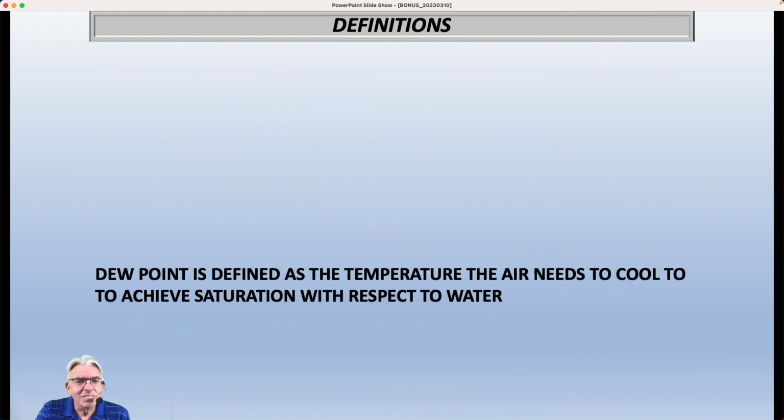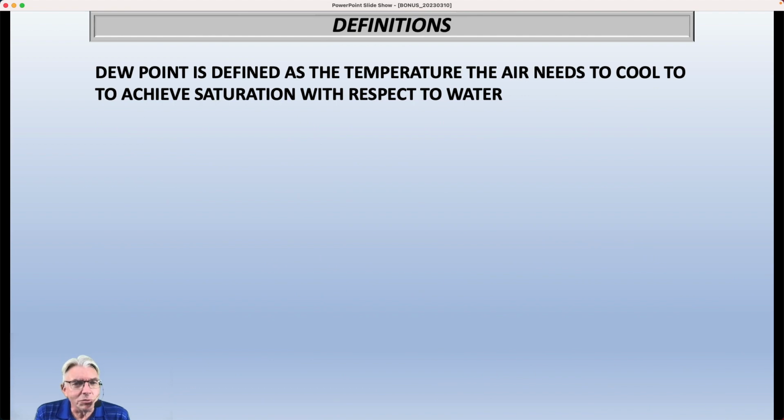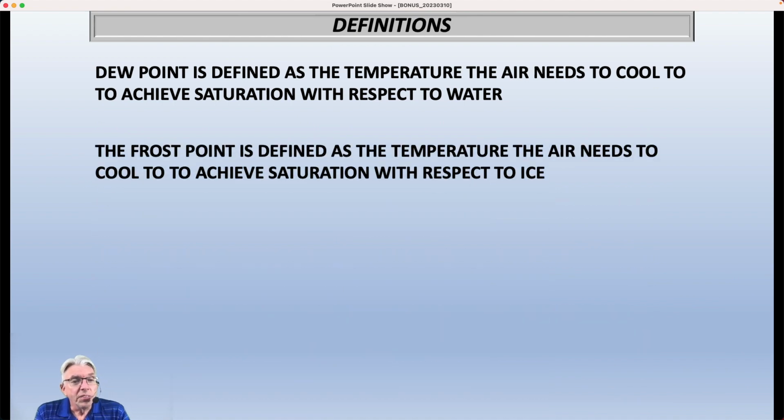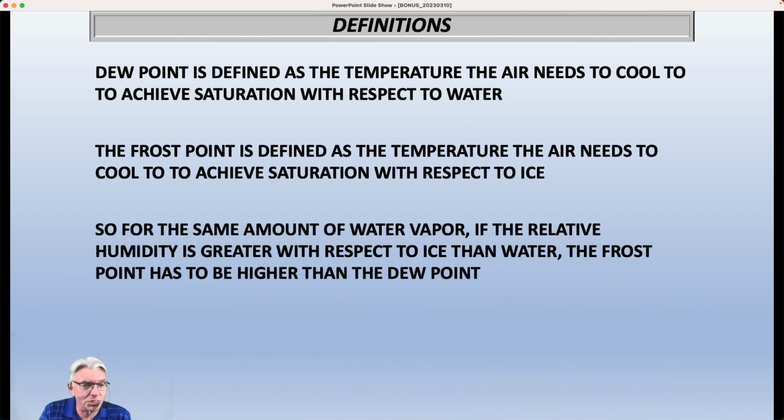Moving on. Dew point is defined as the temperature the air needs to cool to achieve saturation with respect to water. There is something, though, called the frost point, and it is defined as the temperature the air needs to cool to achieve saturation with respect to ice. So for the same amount of water vapor, if the relative humidity is greater with respect to ice than water, that means the frost point has to be higher than the dew point.